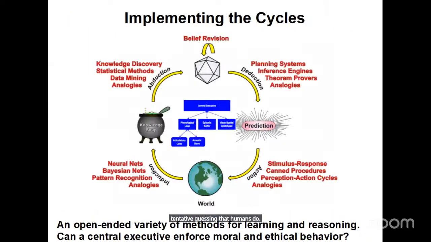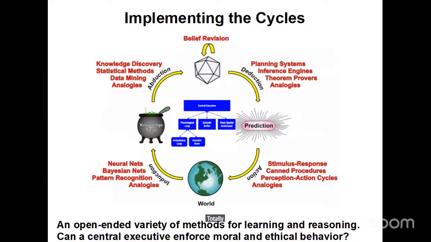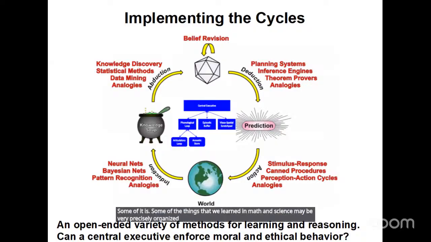And then for the implementation, we can use some kind of computer processing method where the total knowledge that's in a human brain is represented by a kind of knowledge soup. What's in our brain is not totally organized. Some of it is. Some of the things that we learned in math and science may be very precisely organized, but most of it is just very vague.